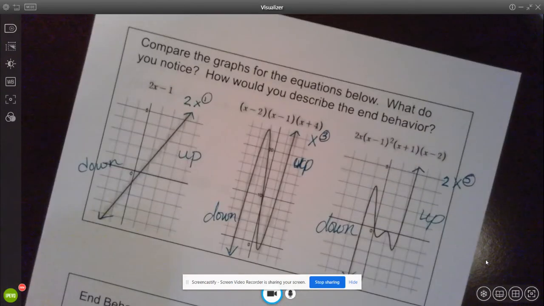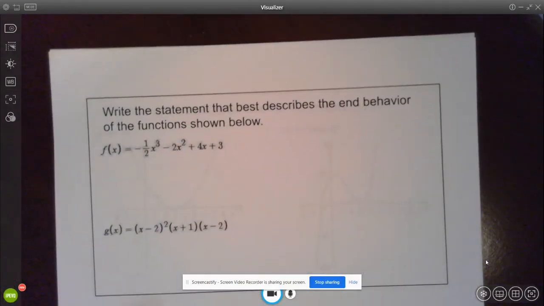All right, let's test this out. I have two functions now, and based on the value of the leading coefficient and the degree of the equation, we are going to determine what's happening with the end behavior.